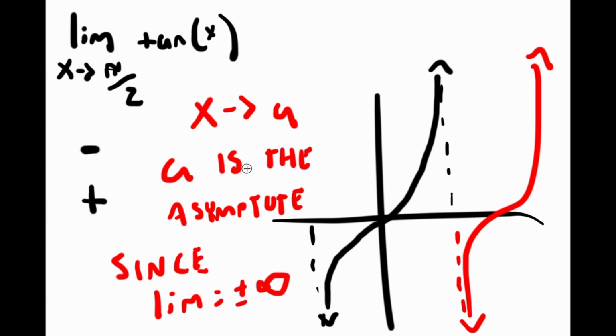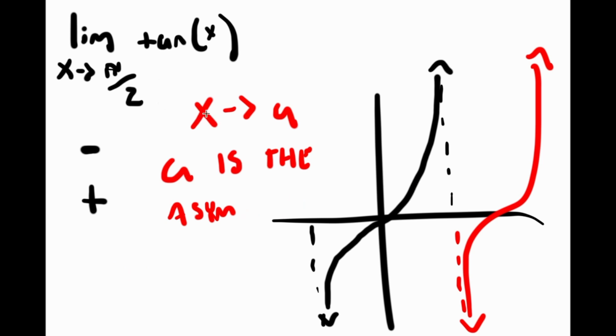Because all it really needs is either the left-hand side limit to be equal to positive or negative infinity, or the right-hand side. It could be either or it could be the general limit itself. That will lead to a being the asymptote. And we see that here as well.